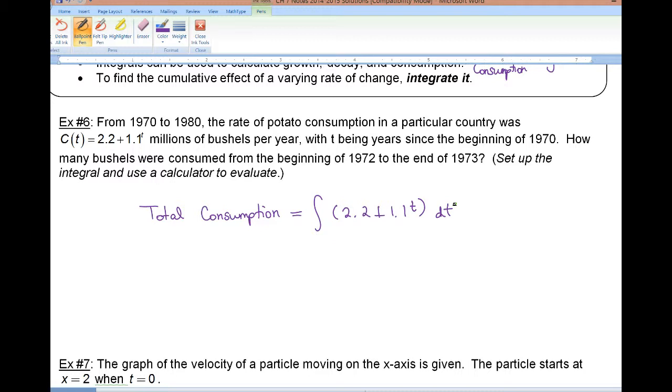We want to figure out the lower bound and the upper bound. The beginning of 1972 means our lower bound is going to be 2. And then the upper bound, it says end of 1973. This would correspond to the beginning of 1974. That's just a way to interpret that. So it's actually going to be 4.